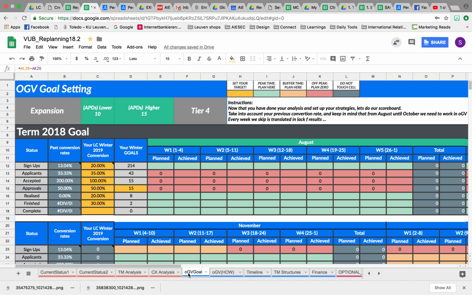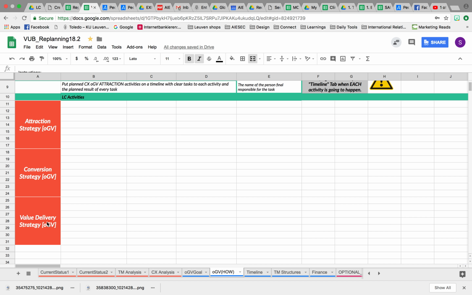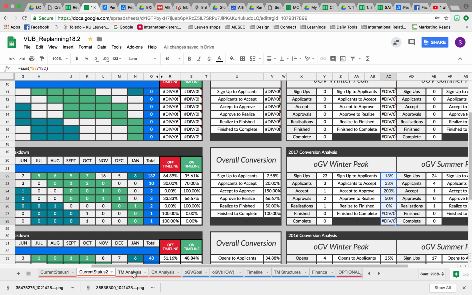Now, of course, when you set goals, it needs to go with strategies. So in the next tab, you are also asked to plan your main product strategies. To plan those strategies, it's important that you keep in mind what is the goal, and also that you keep in mind all the analysis that you have done in the earlier parts.